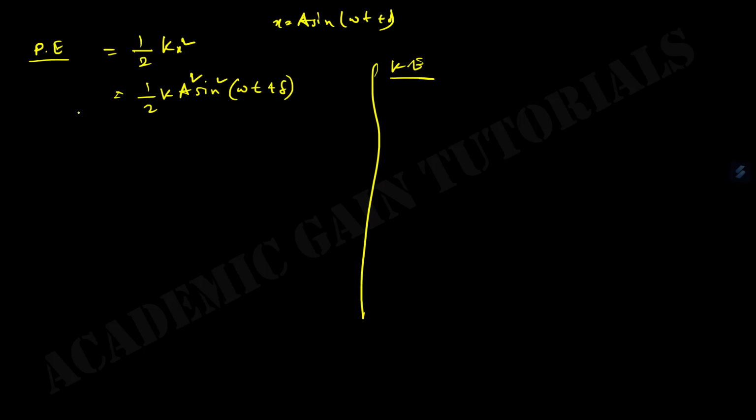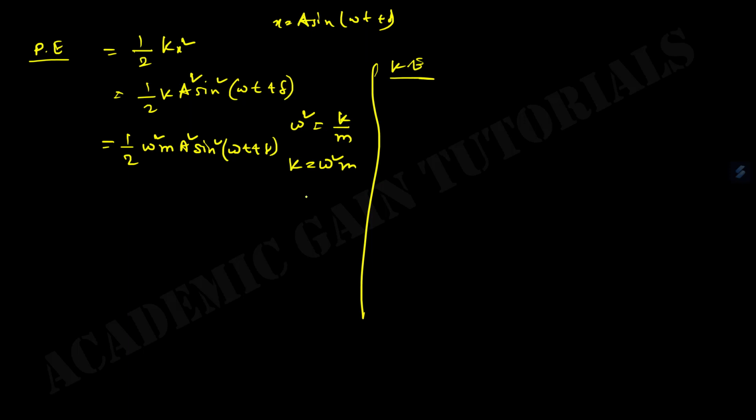There is a relation between spring constant and angular frequency, which we discussed in our previous video: omega square equals k by m. So I can write k equals omega square m. So instead of k, I can write half of omega square m a square sine square of omega t plus delta.